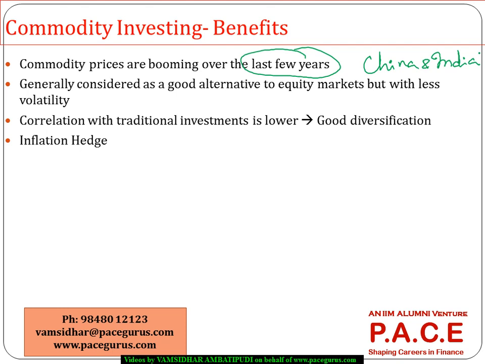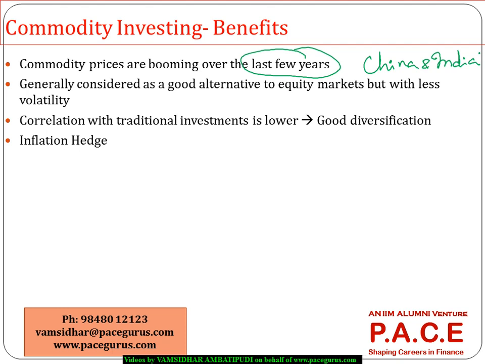Historically, when you look at the performance of various commodities, their returns were equally good compared to traditional investments like stocks and bonds, but with very little volatility. That adds up as an additional factor, a good diversification factor, or even a good alternative to the typical traditional investments.